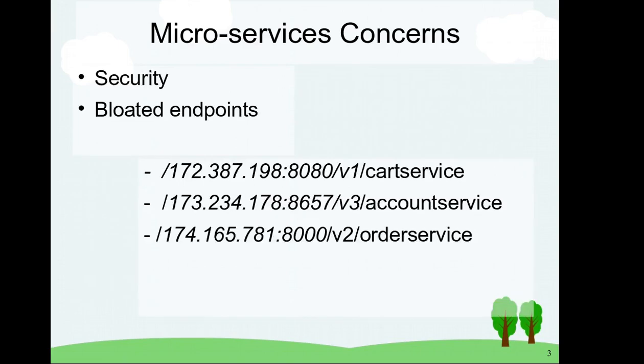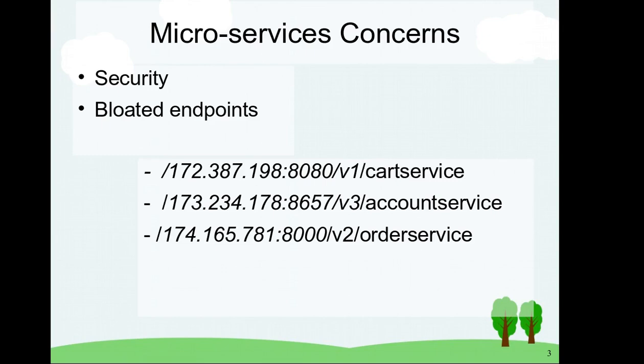The next one is bloated endpoint. This is actually very easy to see, but it's something that is very important. When we break our monolithic application into many microservices, let's say for example 10 or 15, and we have each of the microservices on different servers or different ports, we don't want to be sending the list of all these servers and ports to every client that needs to call our service.